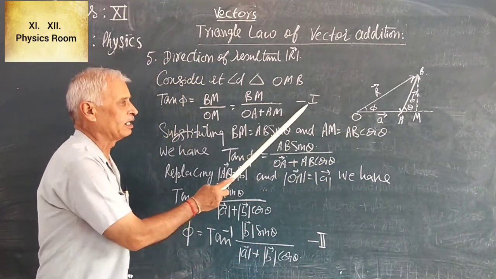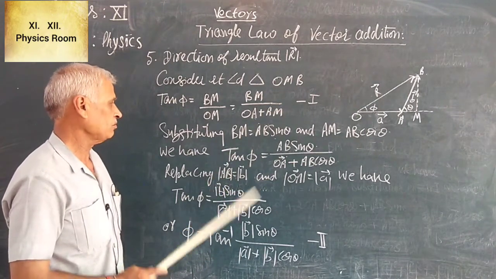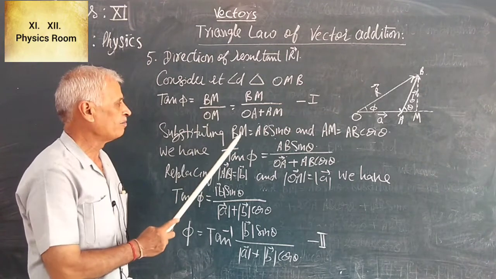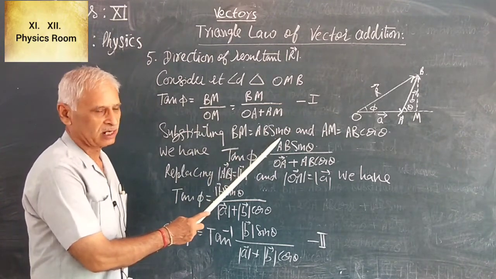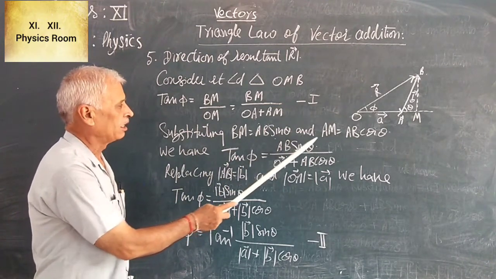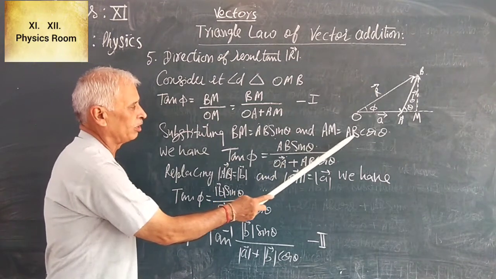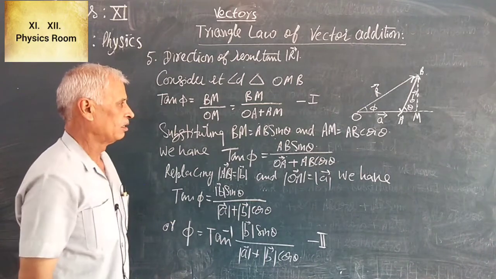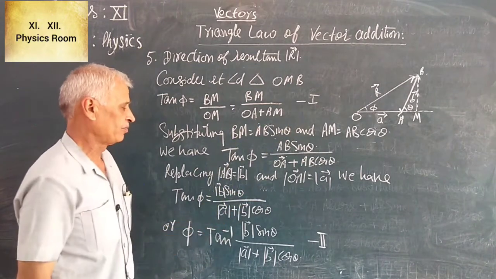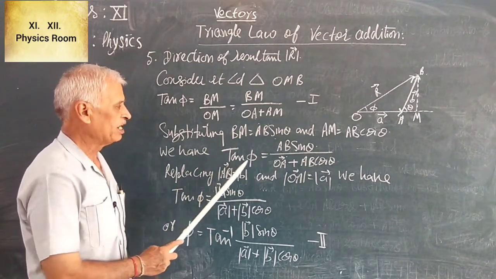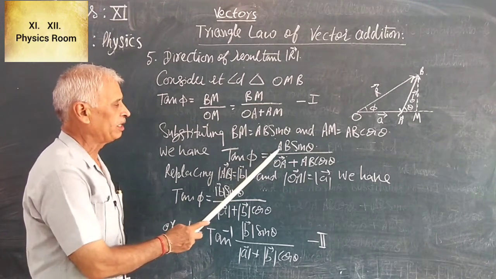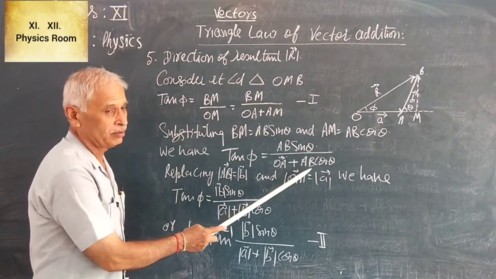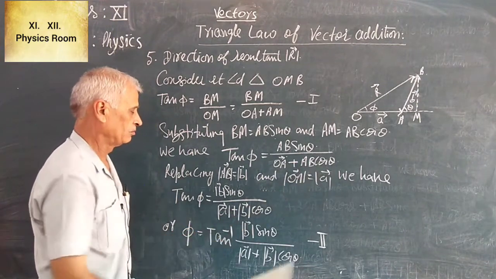Let us mark it as equation 1. Now substituting BM equal to AB sin theta and AM equal to AB cos theta in equation 1, we have tangent phi is equal to AB sin theta divided by OA plus AB cos theta.